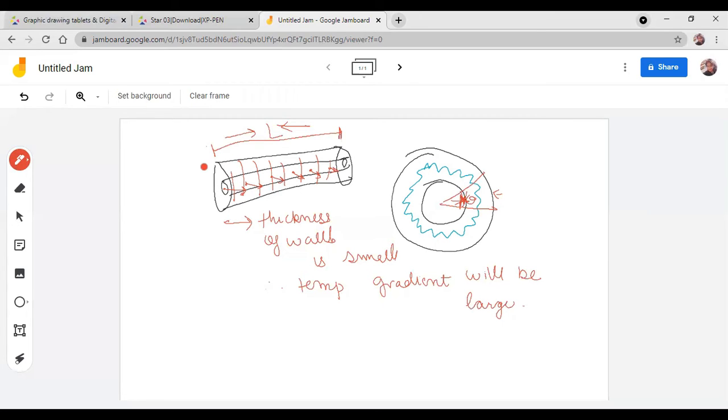The temperature will only change as we go from the center line, that is the radial direction. So we can say that temperature is a function of r, where r is the radial distance, and independent of axial length and azimuthal angle.